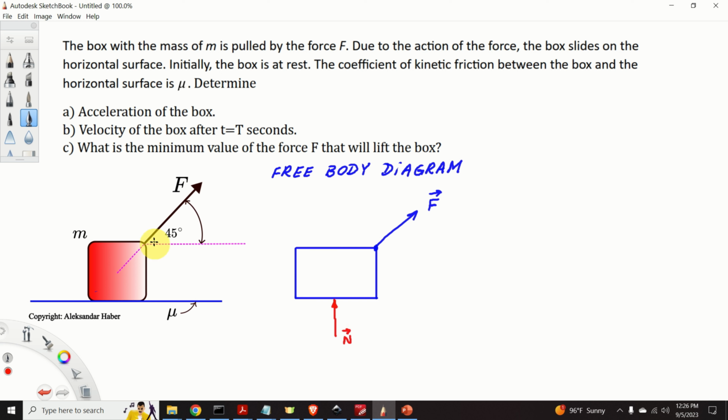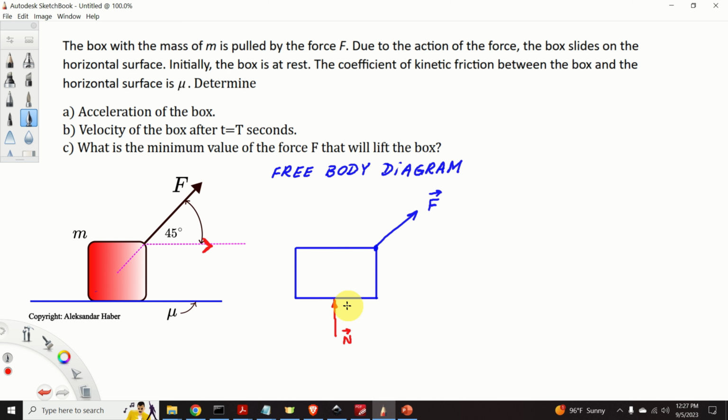However, we need to find the direction of the friction force. Due to this external force F, or more precisely due to its horizontal component, the box will move in this direction. This means that the friction force will act in the opposite direction of the direction of the movement.